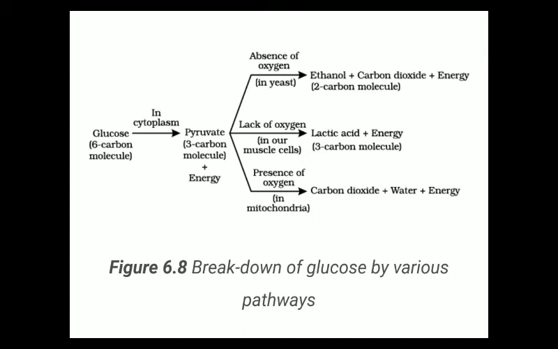So in that case, glucose will be broken down into pyruvate. Now this pyruvate, in absence of oxygen, will be converted into lactic acid. So there will be incomplete breakdown of pyruvate into lactic acid, and very little energy will be released, and this lactic acid will accumulate in our muscle, and finally it will lead to cramps.